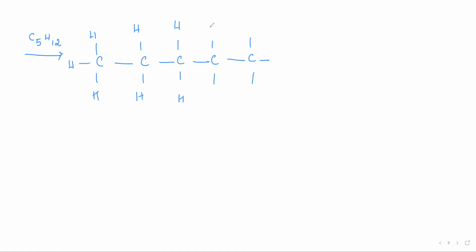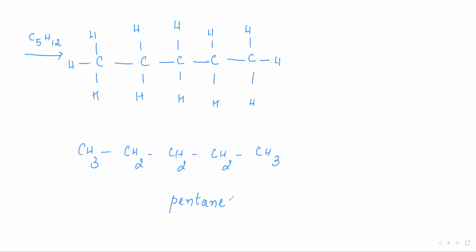So you get the branched structural formula like this, and the condensed formula will be CH3, CH2, CH2, CH2, CH3. 5 carbons, pent, primary suffix ane. So the name of this example is pentane.